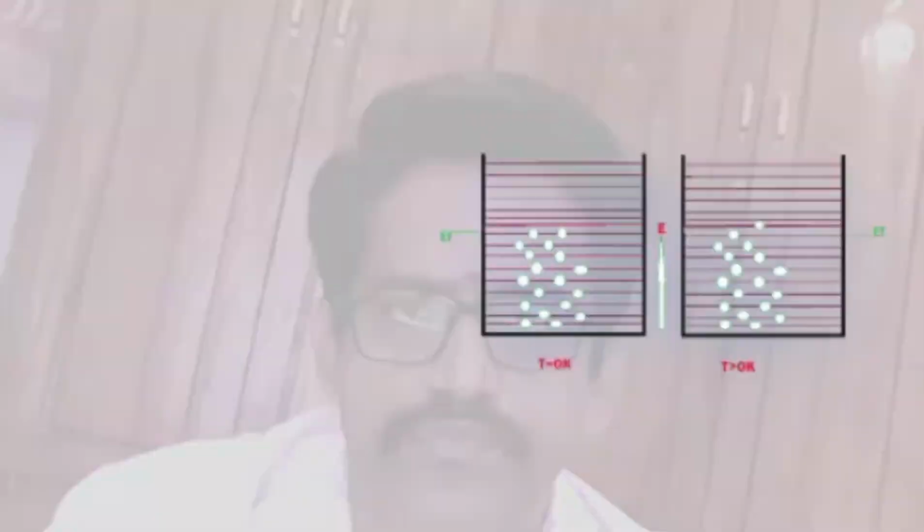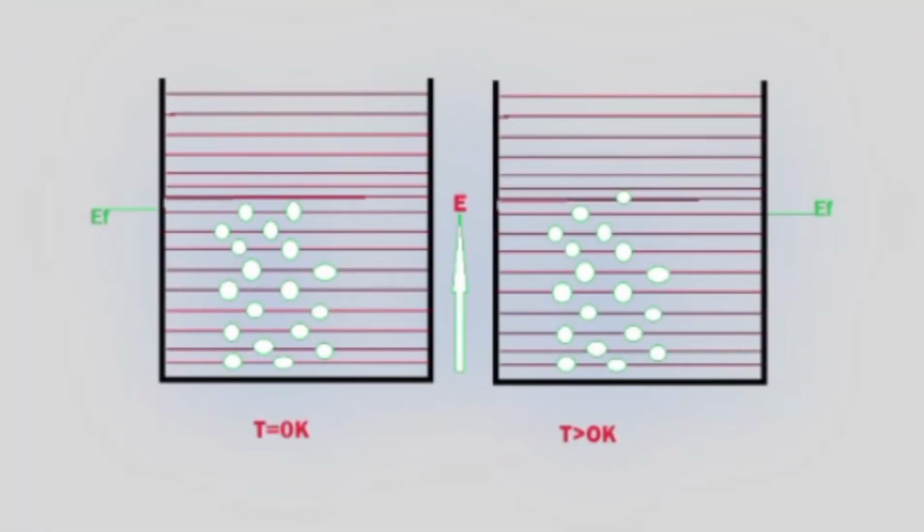See here, this is the topmost energy level where all the electrons will be occupied. This topmost energy level is known as the Fermi level. At absolute temperature T equal to 0, the topmost occupied level is nothing but the Fermi level.